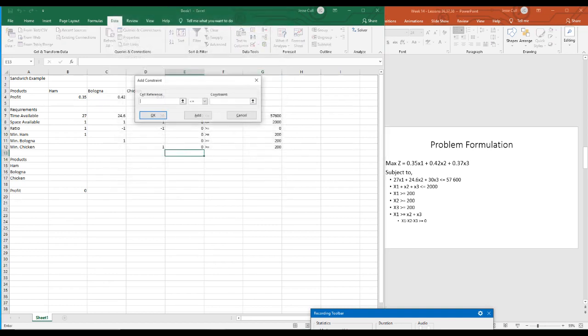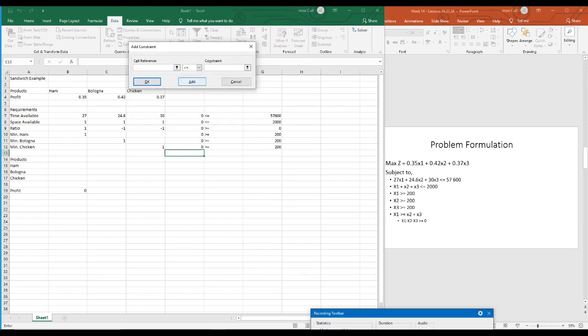And we add our 6 constraints. The first one must be less than or equal to 57.6. Less than or equal to 2,000.